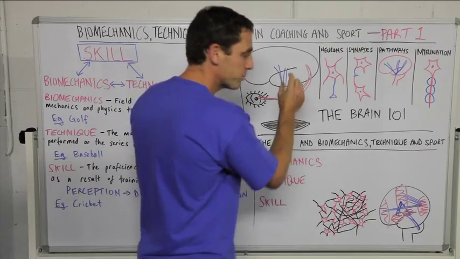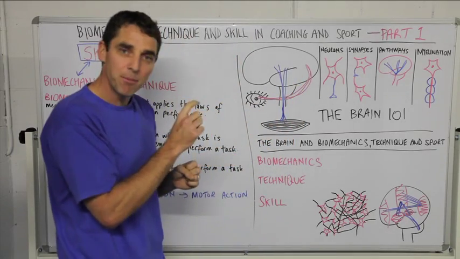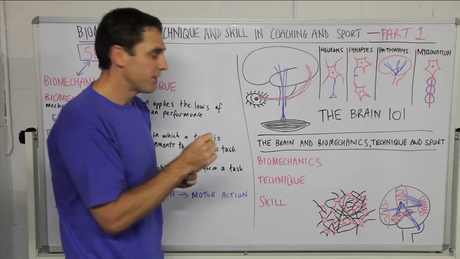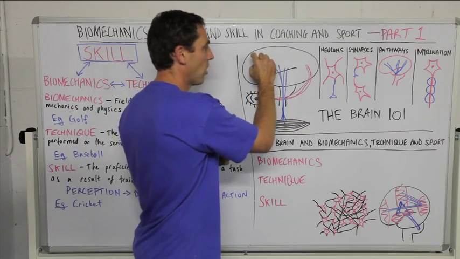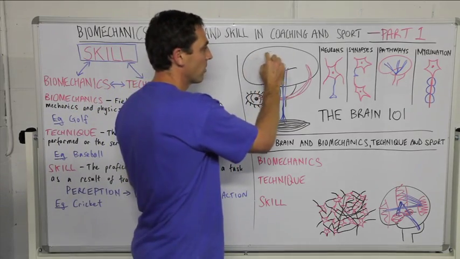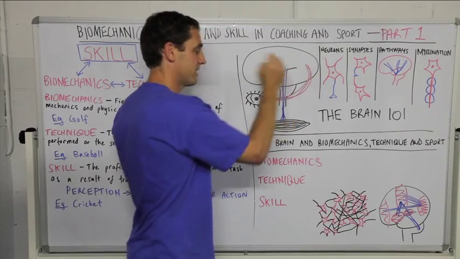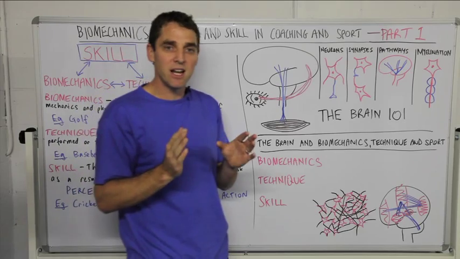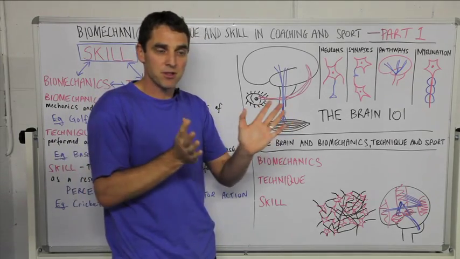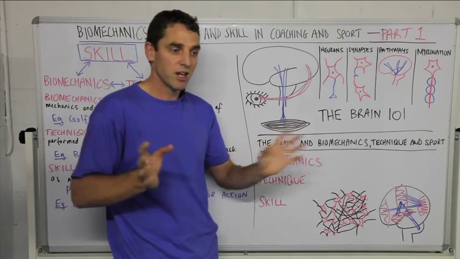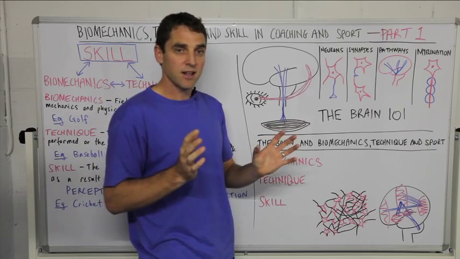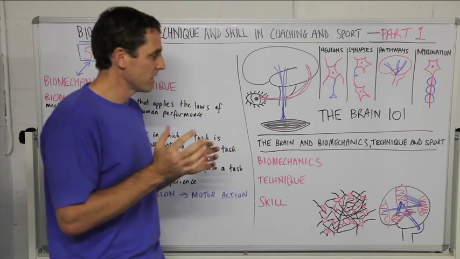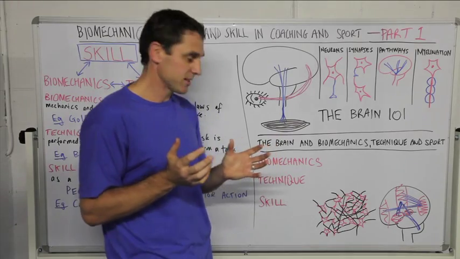But it would have been probably quite simple, let's really simplify it: cell connected to cell, connected to cell, connected to cell. But there wouldn't have been anywhere near as many viable options for those impulses to be sent in terms of connections everywhere. And we call that brain complexity, which is what Roger Federer would have had, obviously.